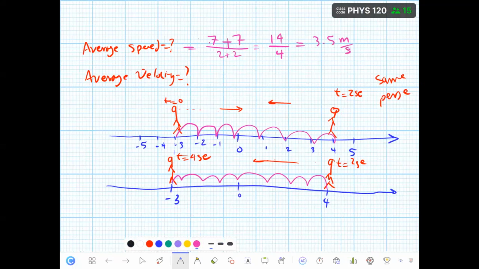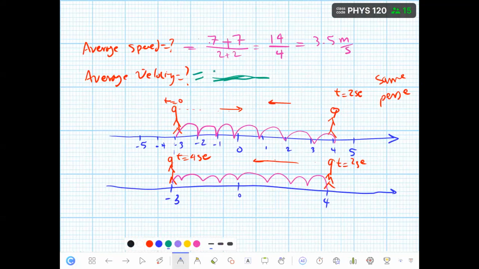Good? So, but when I am calculating the average velocity, how can I calculate the average velocity? Perfect. So, I am moving 7 meter to the right.